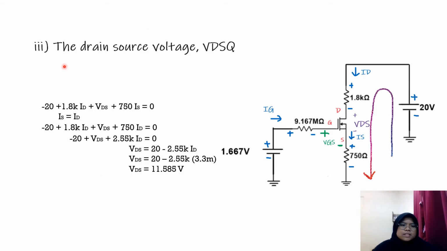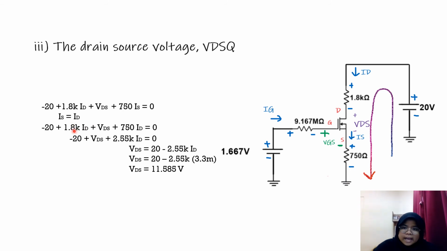For the third question is to determine the drain source voltage VDSQ. So from this circuit, we know that the VDS is between from drain and source. So at this loop, we can use a KVL method to find the value of VDS. It starts with the negative 20 plus 1.8k ID plus VDS plus 750 IS equal to 0.